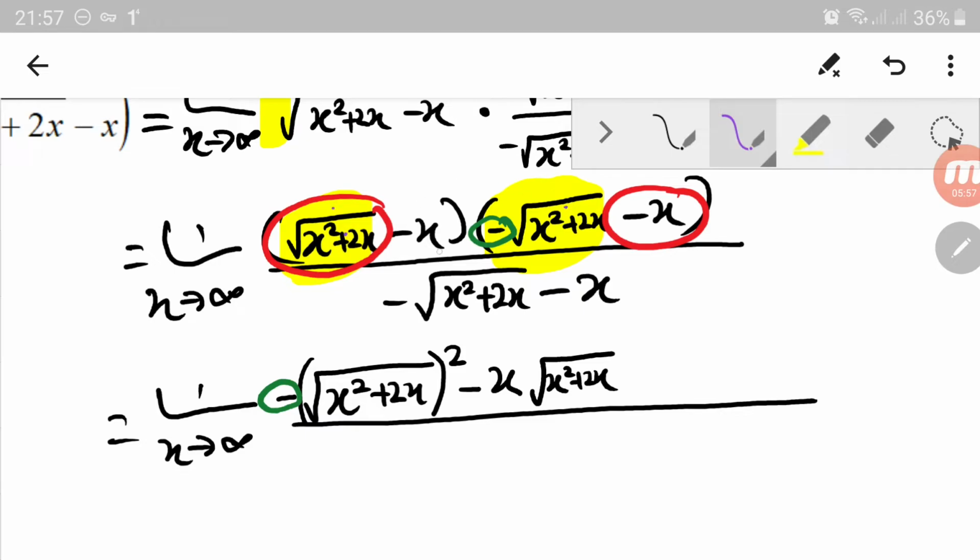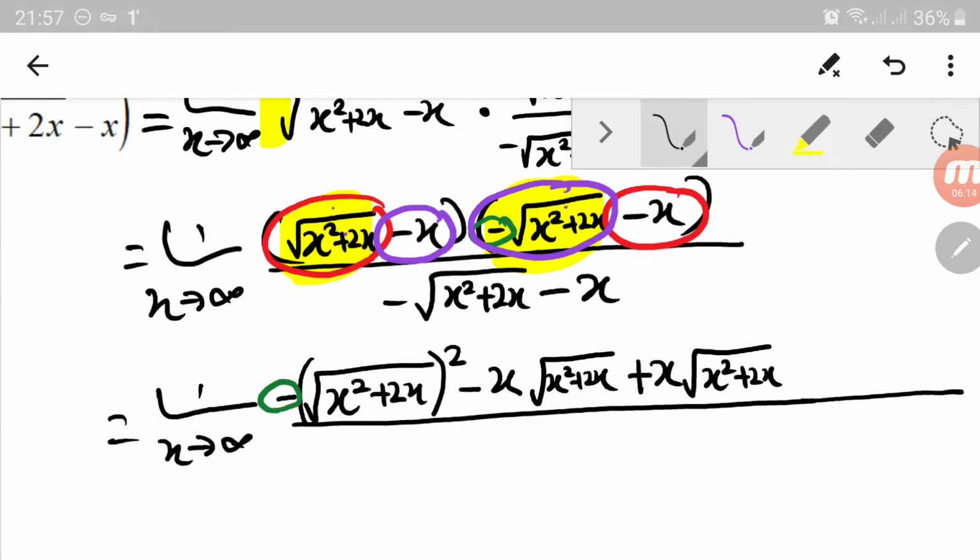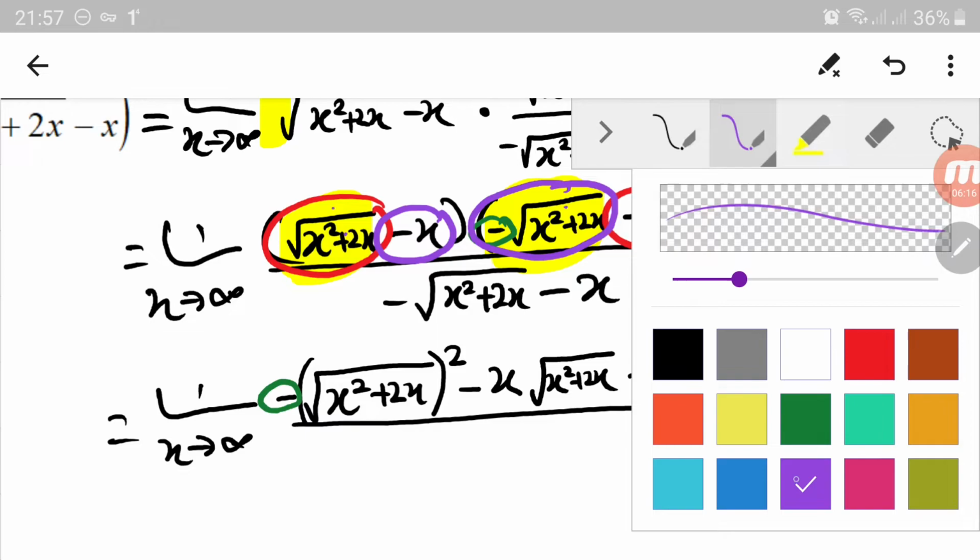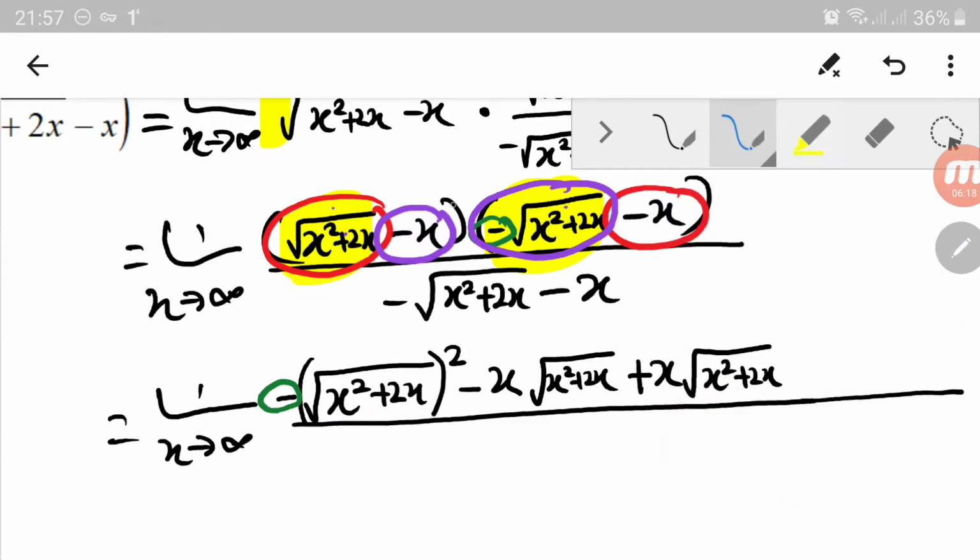Notice the negative with negative becomes positive, so plus x times the square root of x squared plus 2x. Last but not least, in blue, this one multiplied by this one gives plus x squared.